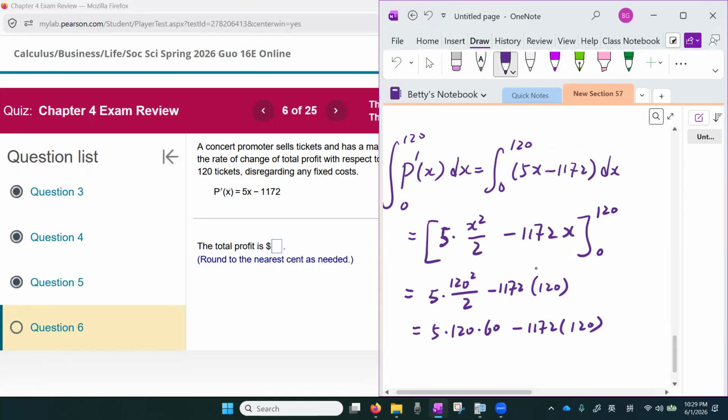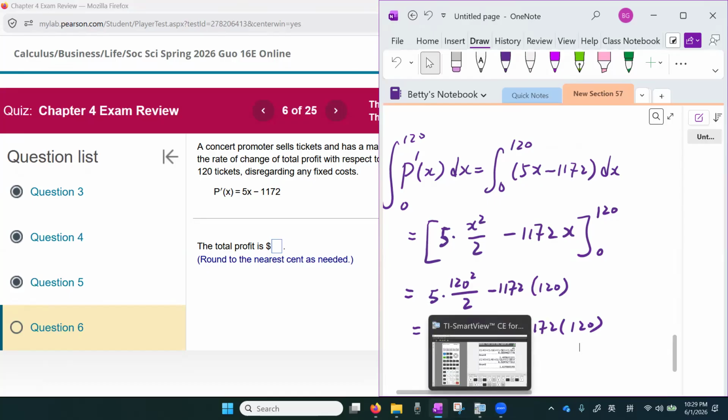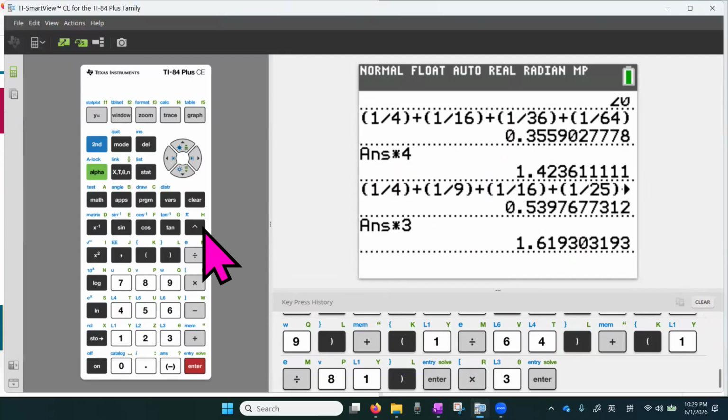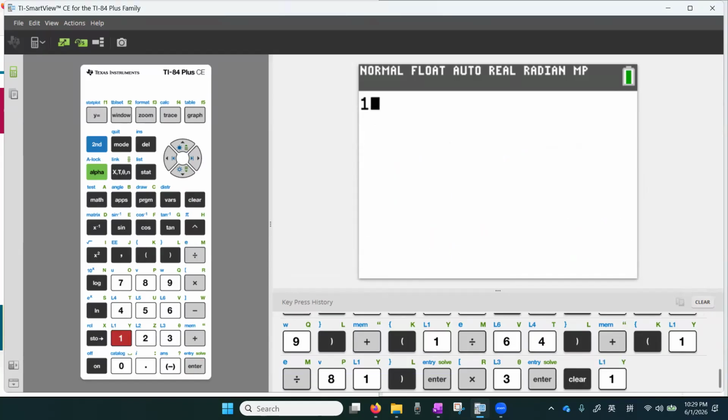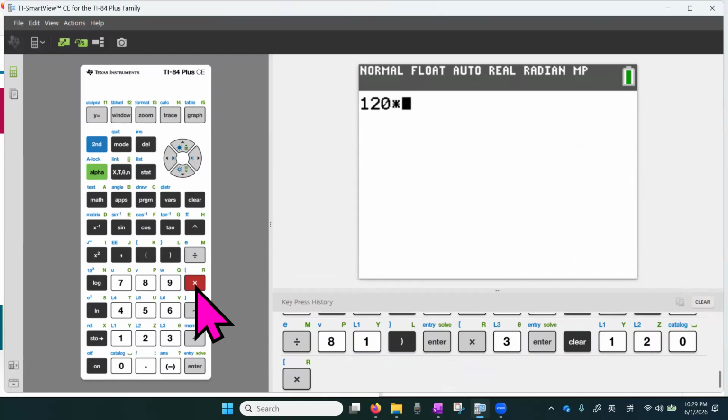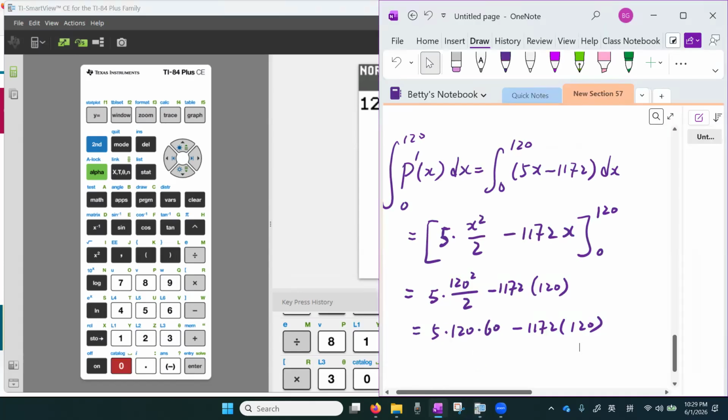So we can use a calculator. 120 times 300. Where do we get the 300? 5 times 60 is 300.